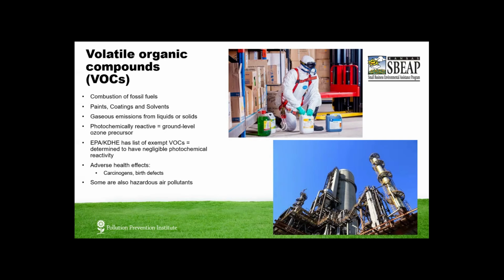We learned earlier about ground level ozone as a criteria pollutant. VOCs are considered precursors to the formation of ground level ozone. Although some VOCs may also have environmental and health implications, such as being carcinogenic, VOCs are regulated mainly for the photochemical reaction that occurs in sunlight in the presence of NOx to produce ground level ozone.